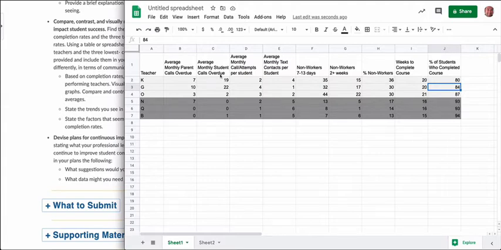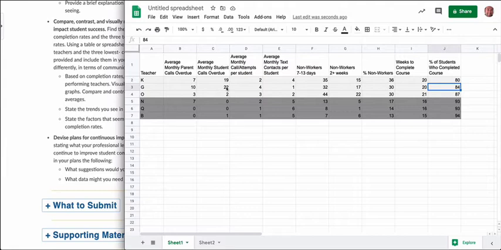You go over to average monthly student calls overdue. The outlier here is teacher O because there were only 2 overdue, yet there was still a low percentage of completion in the course. You also look at teachers K and G, and you see that 19 and 22 of those student calls are overdue.